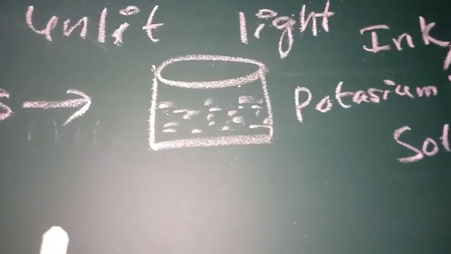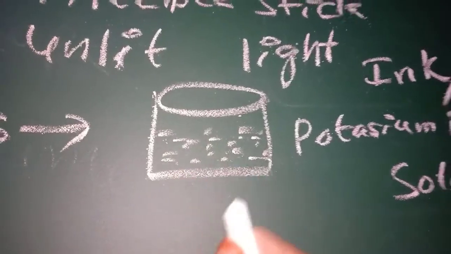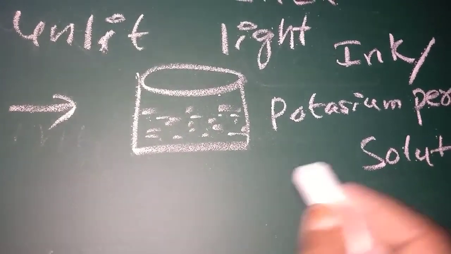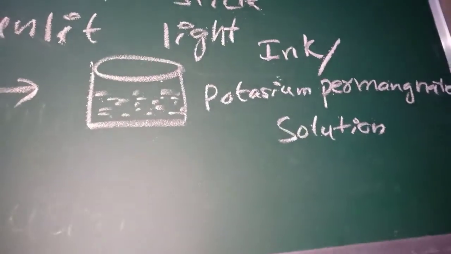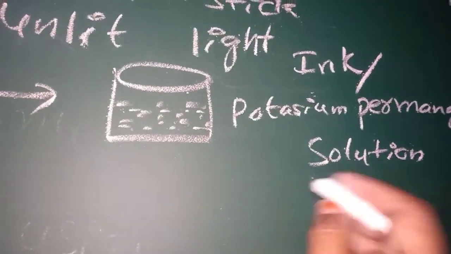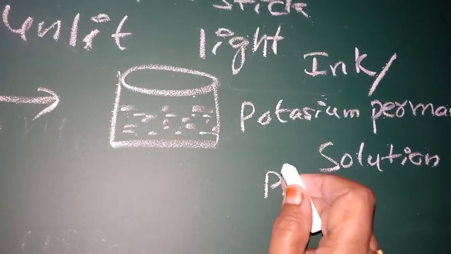So what is this activity? First of all, we take a beaker, we fill it with water, and after that we pour one or two drops of ink or potassium permanganate solution. This potassium permanganate solution is pink in color.